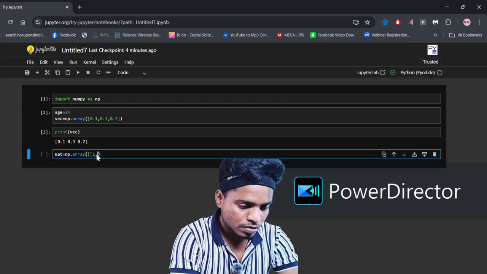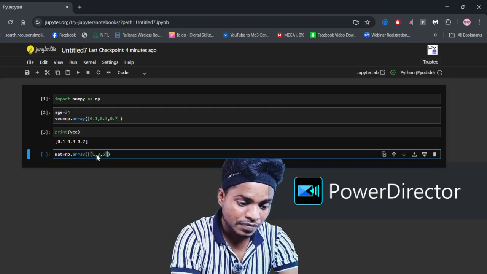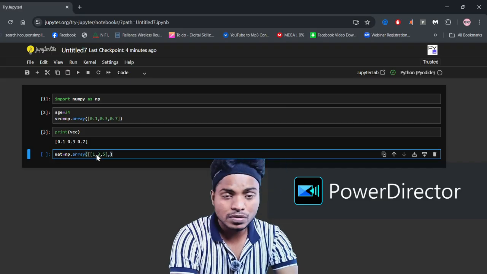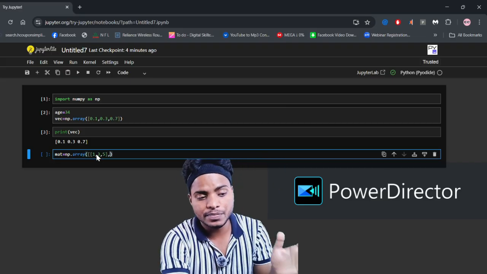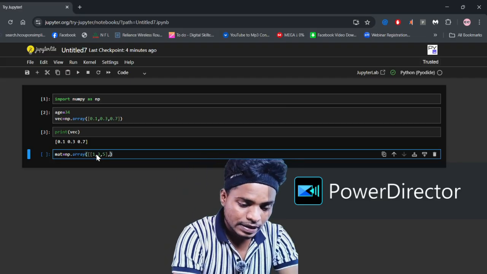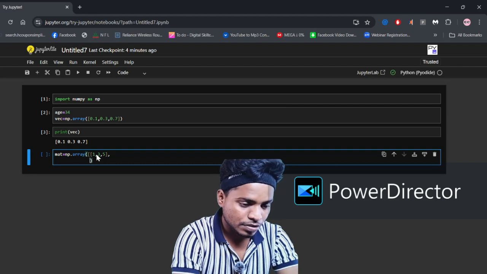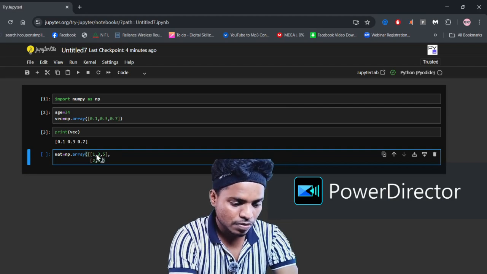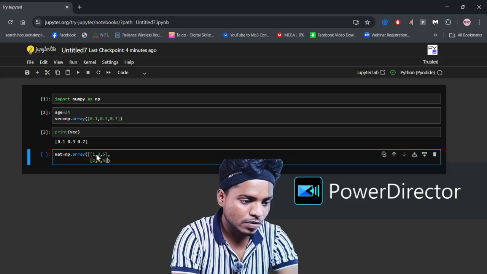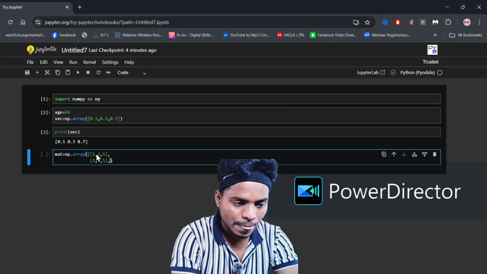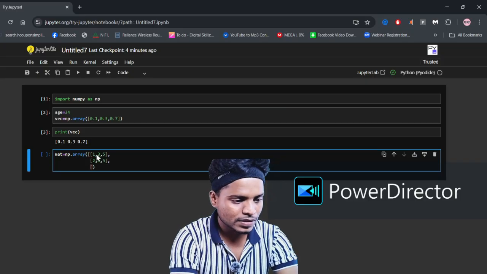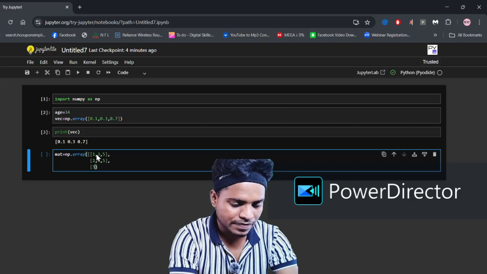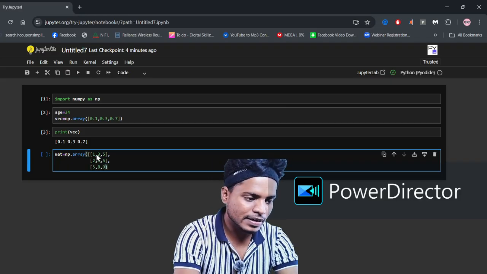I'll write 1, 3, 5, one vector, comma. Each vector will be separated with a comma. Now I'll use another bracket: 2, 4, 5, close, again comma, then another bracket: 5, 8, 9.